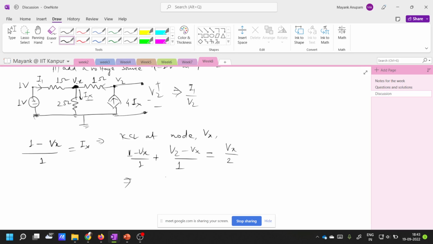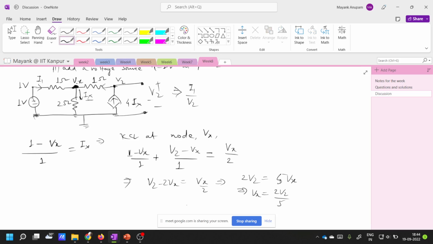Okay, so from this what will you get? You see, this is Vx and Vx, this is minus. So V2 minus 2Vx is equal to Vx by 2. This becomes 2V2 is equal to 5Vx, right? So Vx is equal to 2V2 by 5.